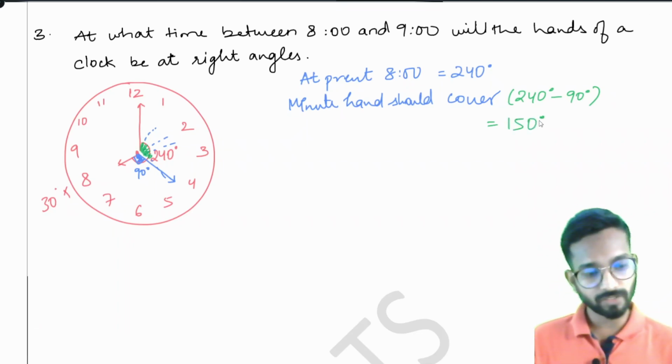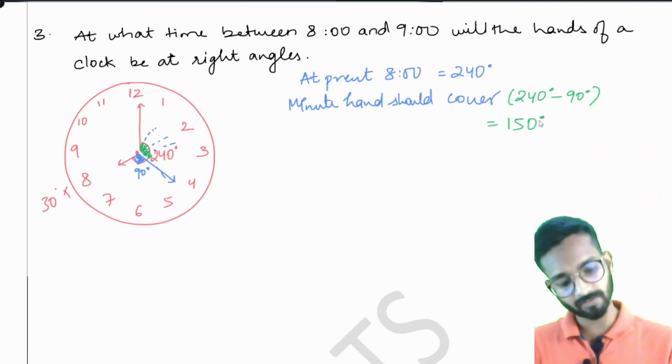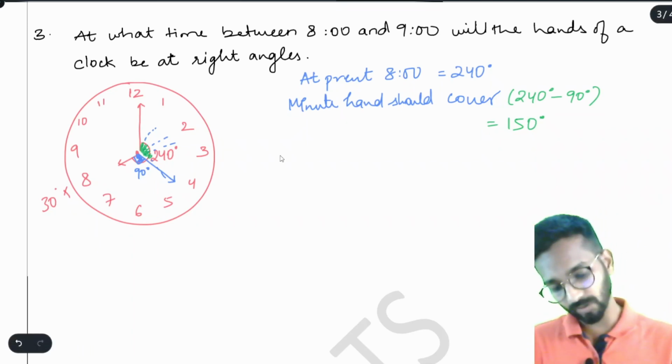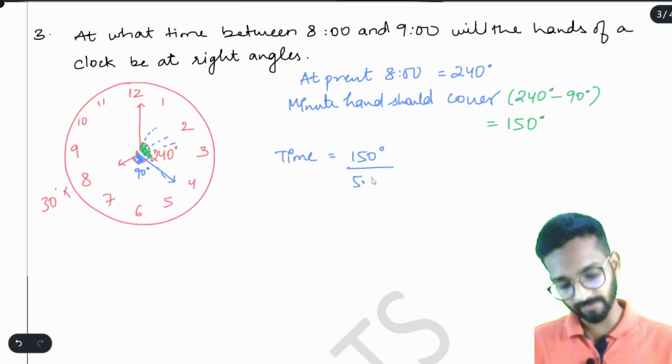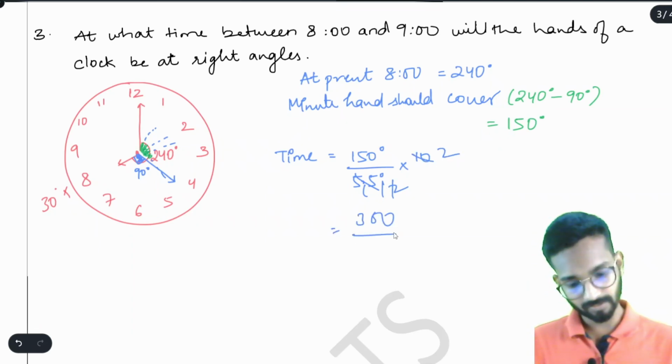Now that we know it has to cover 150 degrees, it becomes very easy. At what time? Time you can find out. We have to cover 150 degrees and the speed is 5.5 degrees. Multiply by 10, it will be 300 by 11, or it can be written as 27 3 by 11 minutes. Simple enough.